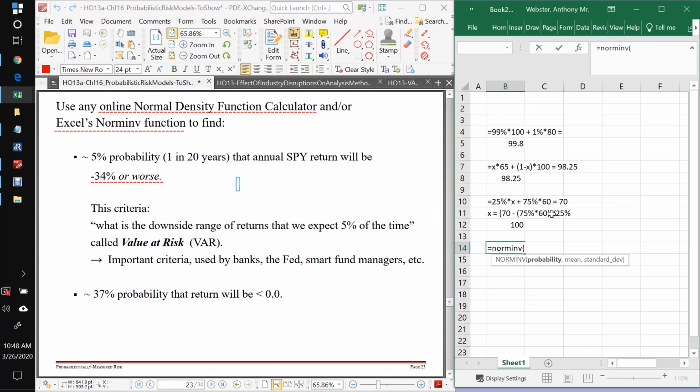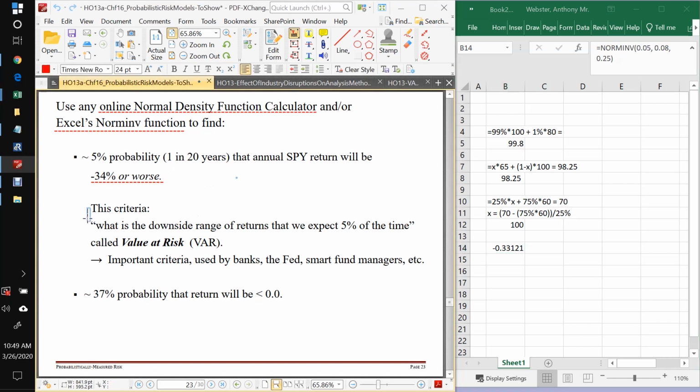So the norm inverse function gives me, if I put in the probability I'm interested in, so that's 5%, and our mean return for the SPY is 8%, and the standard deviation is 0.25. Okay, and there is our, in this case, 33% return. So not quite 34, 33% return. So the norm inverse function gives us what our return is going to be if we want a 1 in 20 year probability of that return or worse.